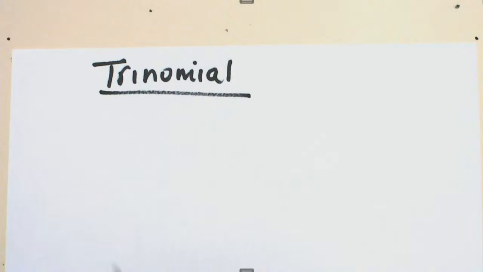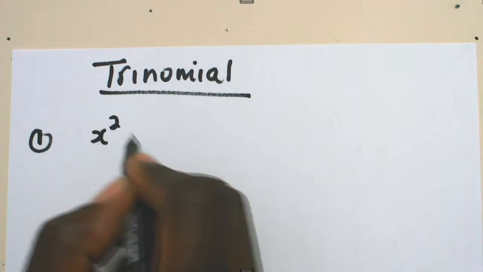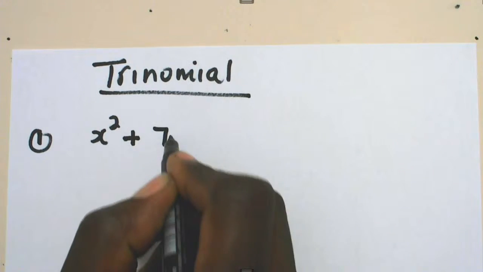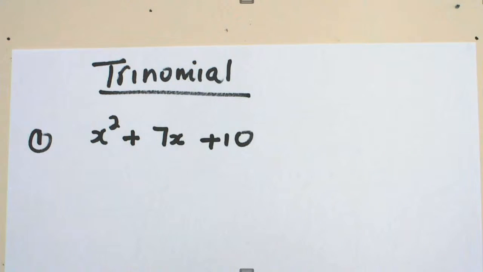The first one is the trinomial. If we have number 1 as x squared plus 7x plus 10. This is a trinomial.